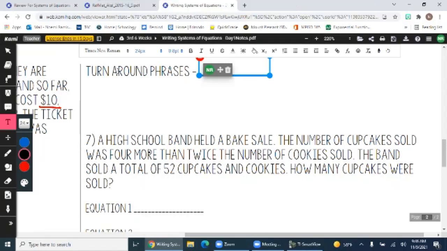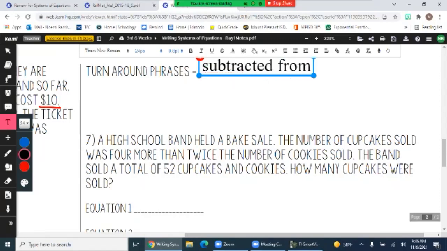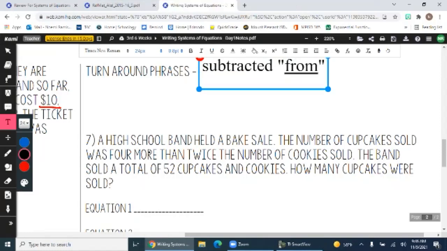Actually, I have them written down. Never mind. Subtracted from. Now remember, from is that key word that we've been using.